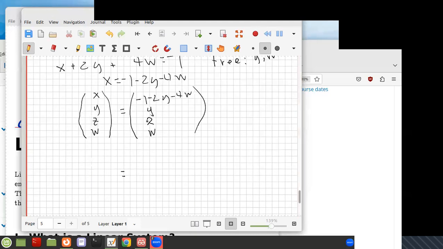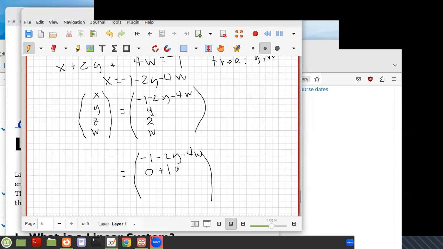So one way to proceed is to then write this out in columns to sort of make it look easier to do. So we have -1, -2Y, -4W. And down here we have 0 plus 1Y plus 0W for the second column, because there's no W, there's no constant. The next one is 2 plus 0Y plus 0W.